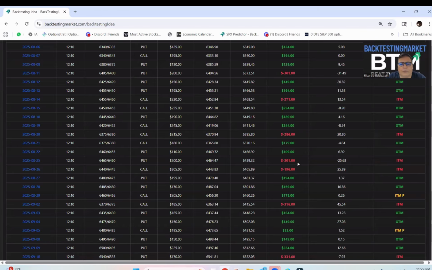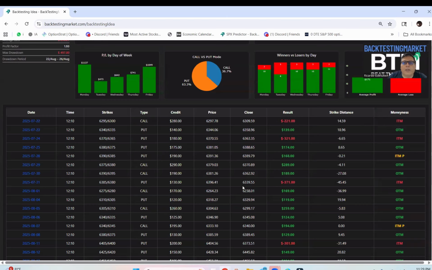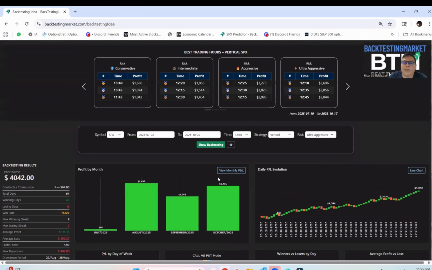You will have drawdowns, so you have to be careful. But as you can see in this tool, with a mathematical algorithm and the data that we have studied in the past, and all the ideas that we are making, the trend normally goes up.